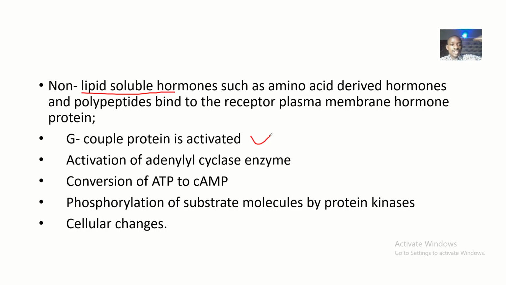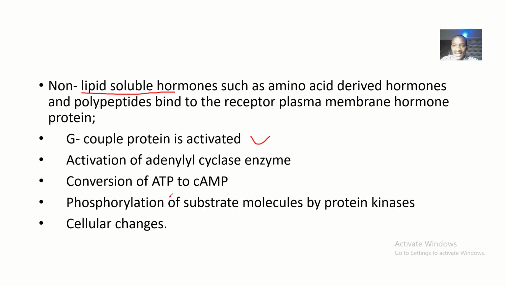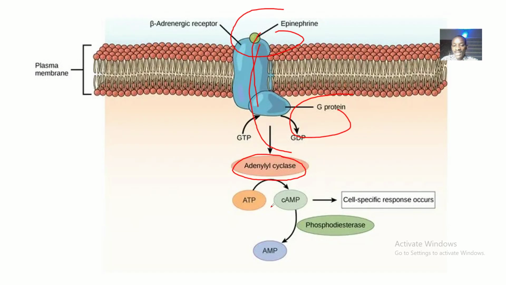When the G coupled protein is activated, it activates the adenyl cyclase enzyme. The adenyl cyclase enzyme is activated to convert ATP to cAMP.